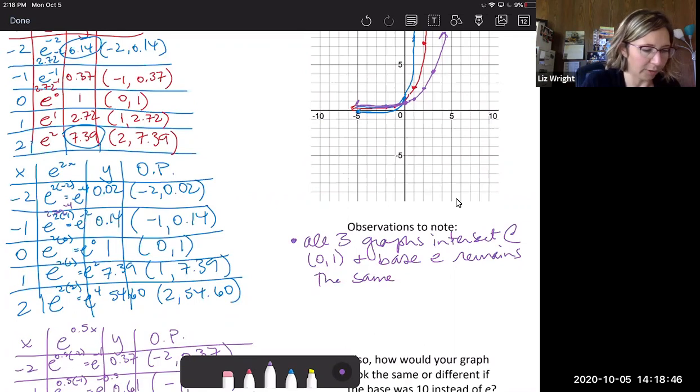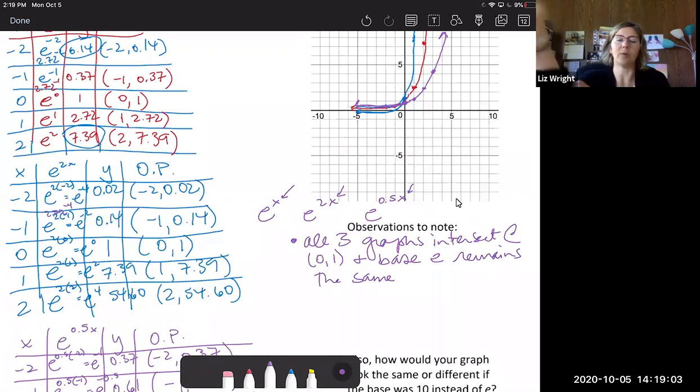Let me show you. Here we've got e to the x and e to the 2x, and then e to the 0.5x. And so we're doing something different here with our x's, right?